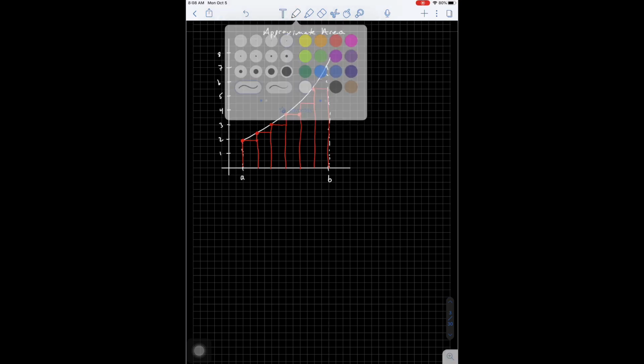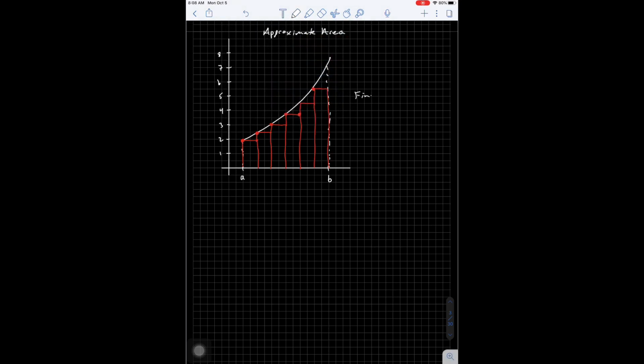So let's write a formula for this. We are finding the area of the, let me not use area twice, of the section under the curve. Okay, and we're using left endpoints.